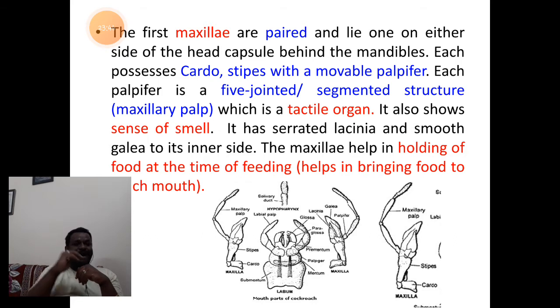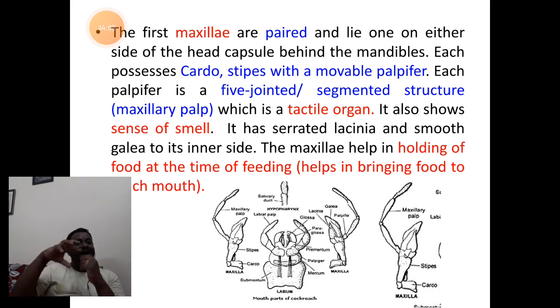And this palp has 5 jointed segments. So 5 joints are present for the palp attached to the stipes region of the maxilla. This structure is also called the maxillary palp because it is present on the maxilla.